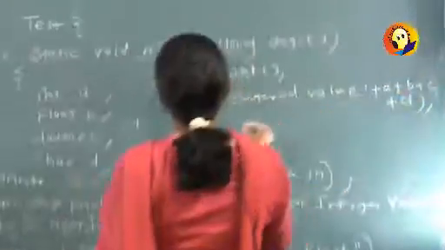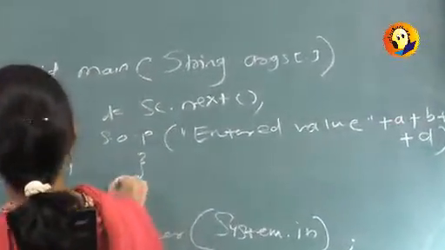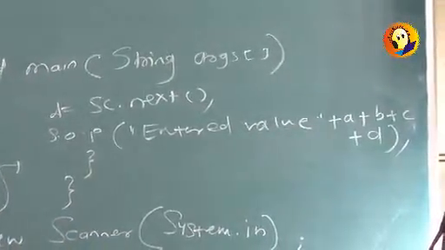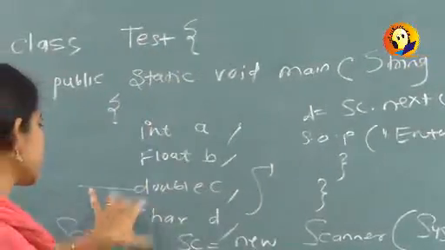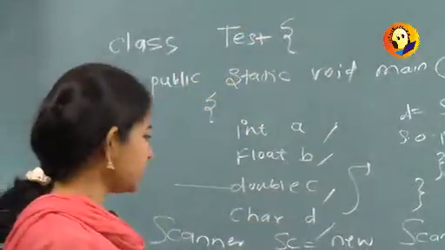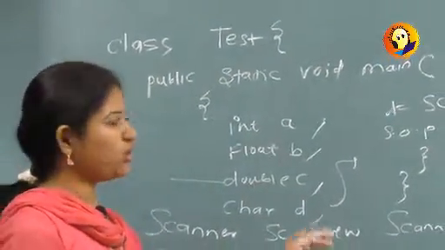So it will display the values of a, b, c, d on screen. After that we need to close the main bracket and close the class bracket. For compilation in the same way, javac Test.java. For execution, java Test, enter. It will display the values entered by the user on screen.